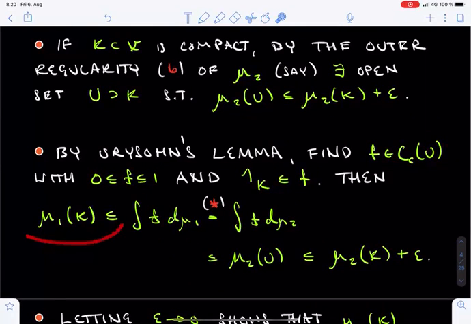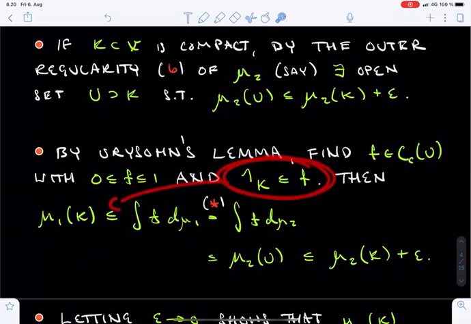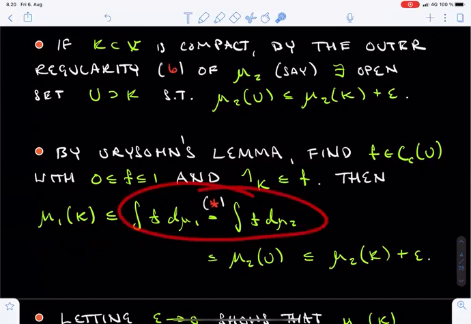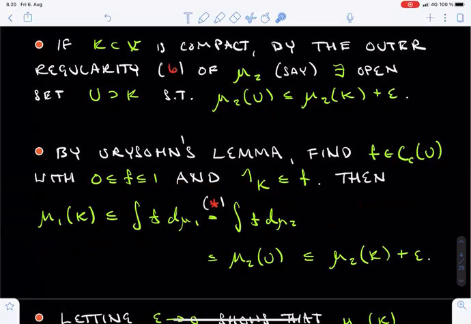First, the mu1 measure of K is bounded from above by the mu1 integral of f, simply because f dominates the characteristic function of K. Second, since mu1 and mu2 both represent the functional lambda, the mu1 integral of f equals the mu2 integral of f. Indeed, both of these values are equal to lambda of f.